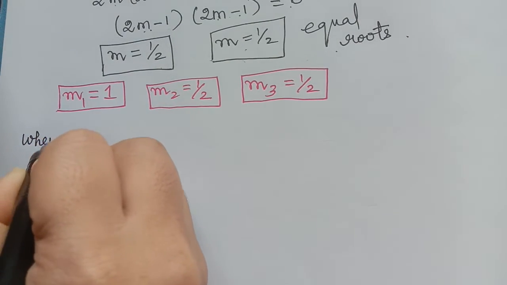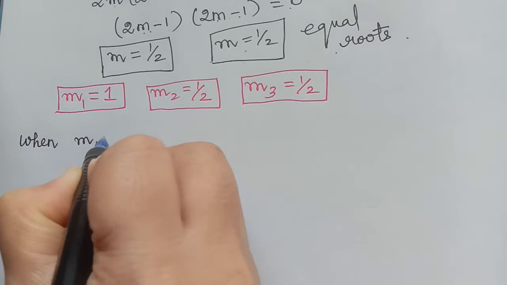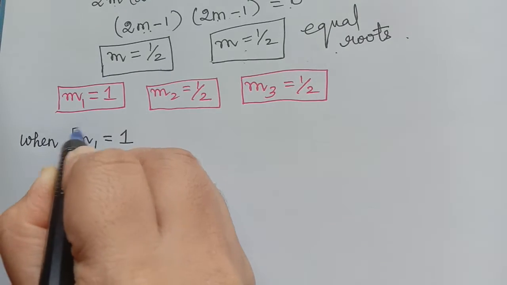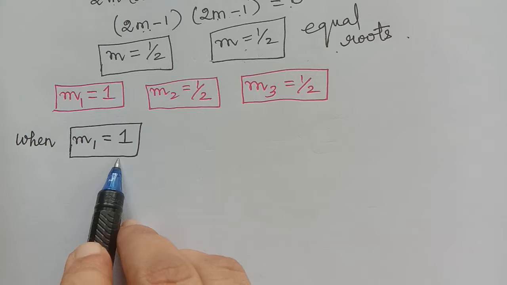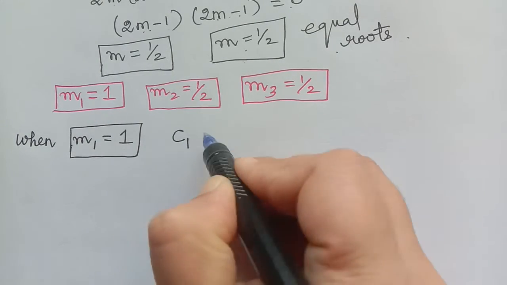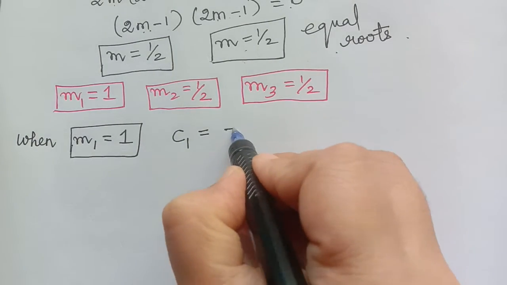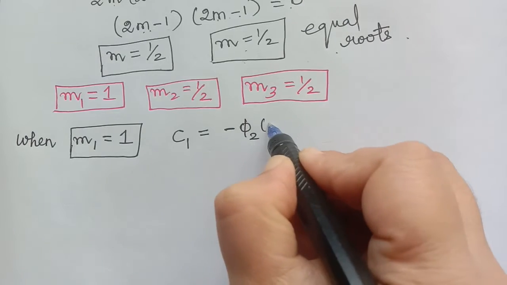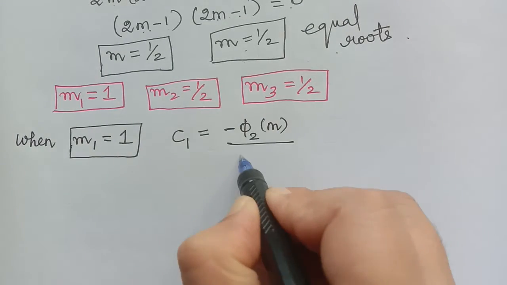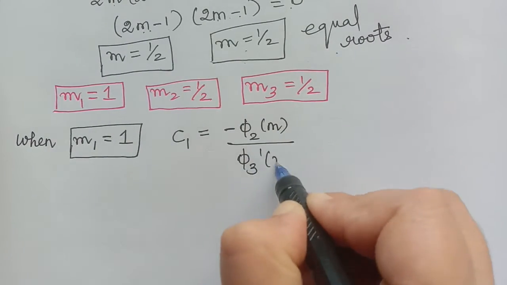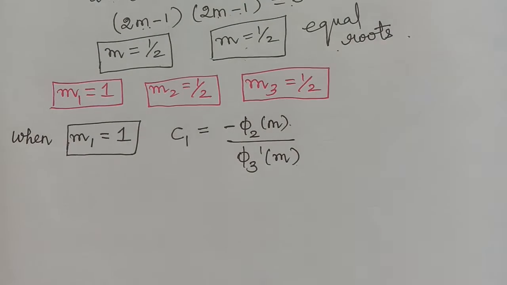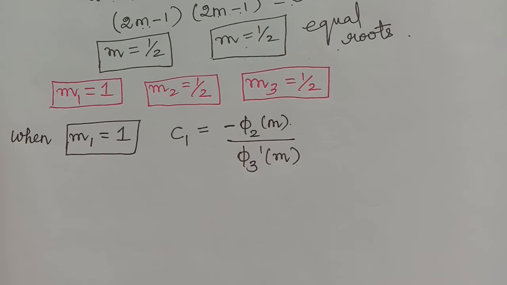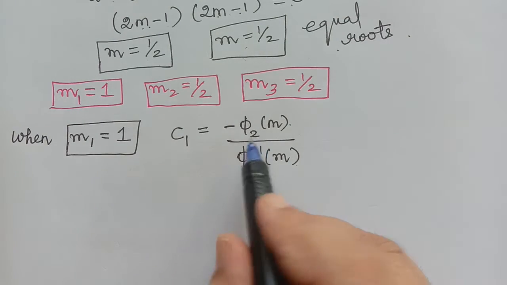So when m1 is equal to 1, we see that m1 equal to 1 is a distinct root. And for a distinct root, the formula to find C1 will be equal to minus phi 2 of m divided by phi 3 dash of m. Now in order to substitute in this, from the given equation, we have to gather the terms with degree 3 and degree 2.